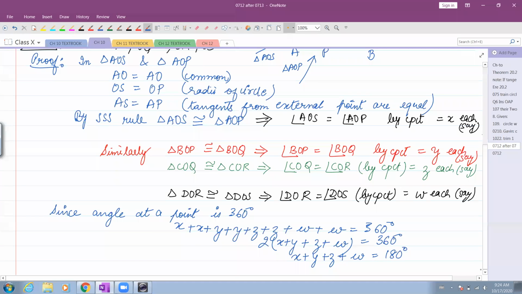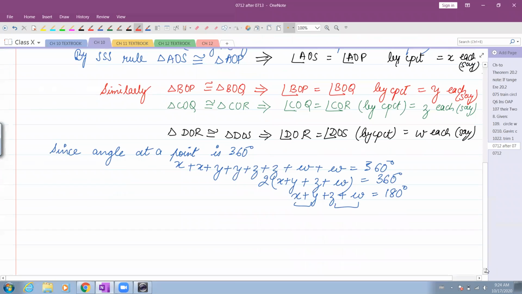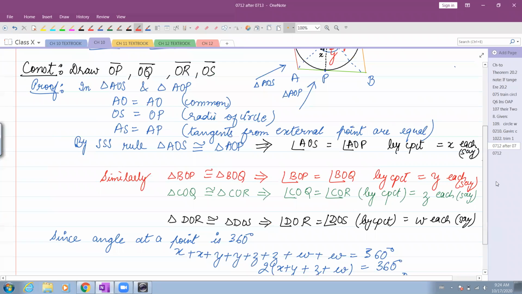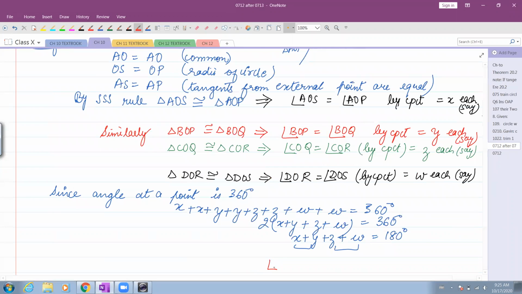And now you want to replace the angles in such a way that you get your required result. Take the names x and y together and z and w together. So identify the central angles represented by x, y, z and w by their actual names, and take them in such a way that once you take them together, you get the result that you require. So x and y actually form, from the figure you can identify angle AOP and BOP, so that these two together make AOB.